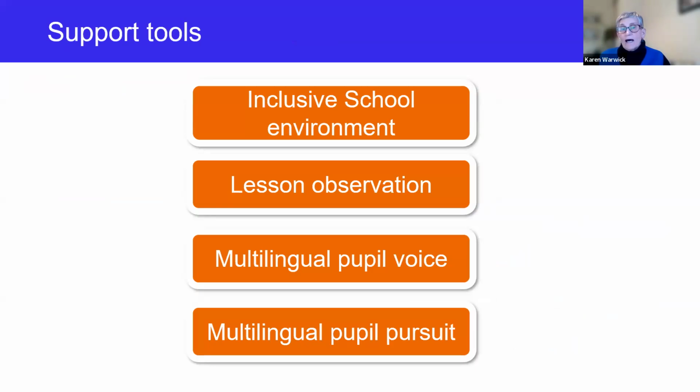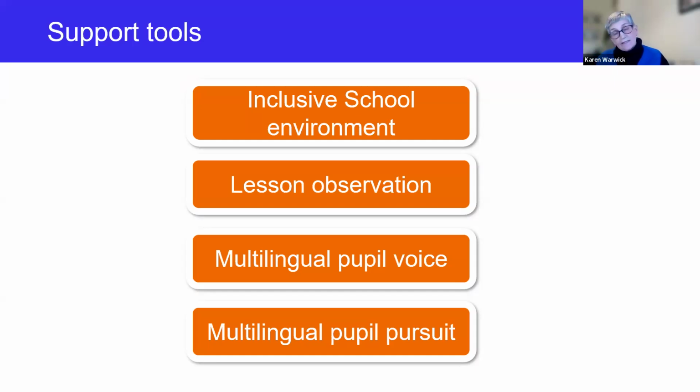So going forward, we'll look at the first two tools, which will be inclusive school environment, and then we'll look at lesson observations. So we'll look at inclusive first of all. And after I've navigated you through the forms, the proformas, I'm going to invite Zoe to join us and to share her expertise and insights on the importance of each of these areas and what she does in her school to address these areas from the ground.